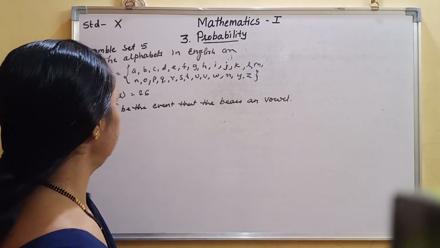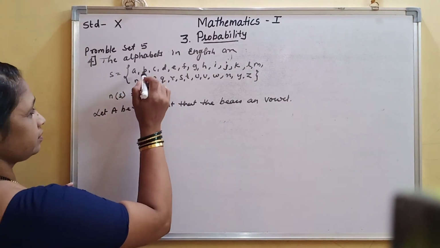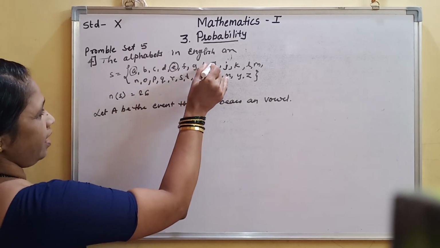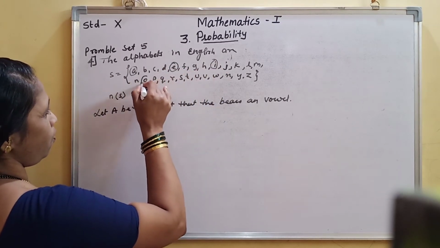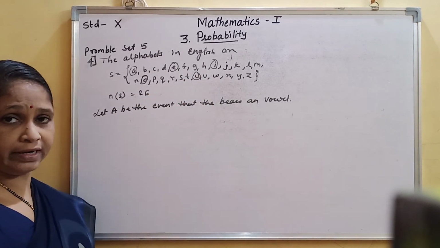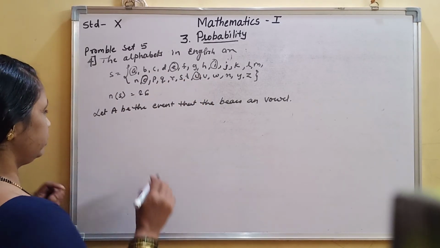Okay. Now, which are the vowels there? A, E, I, O, U. So how many vowels are there in the English alphabet? 5 vowels are there. Okay.